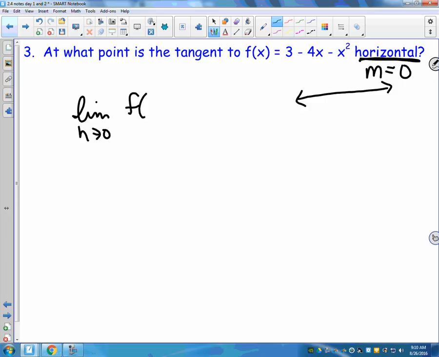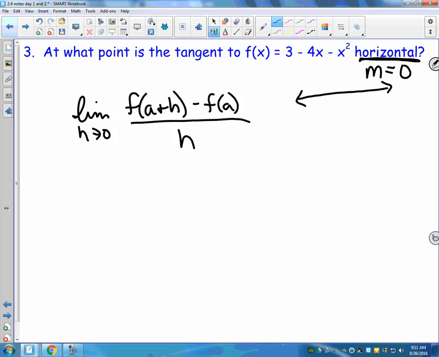Use x. I want to use x, but the book used a.